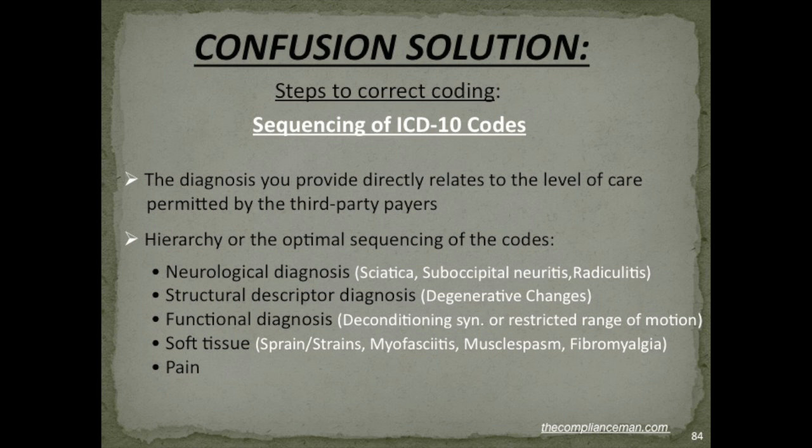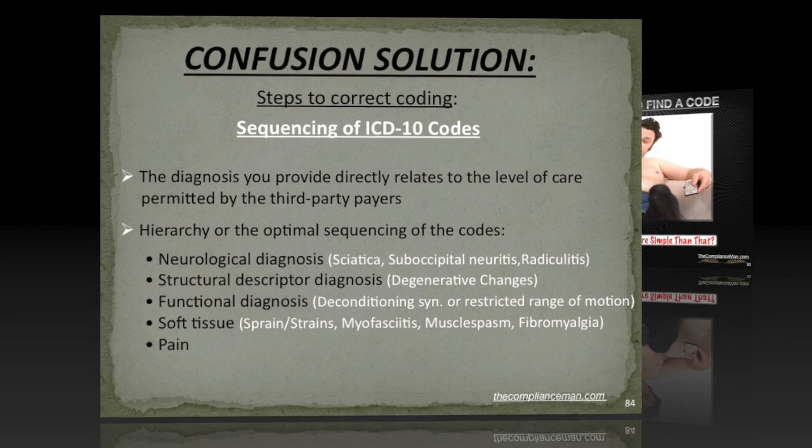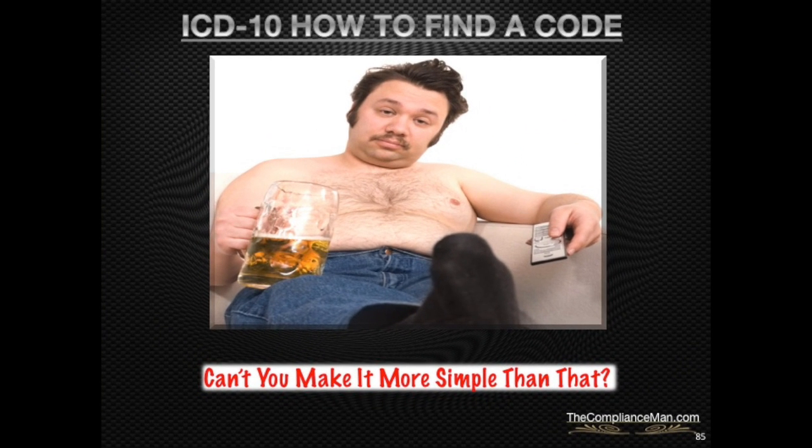Now that we have reviewed all the steps necessary to find the correct ICD-10 code that you will need to use, let me share with you a simple strategy that Compliance and Auditing Services has designed to help our members find the exact codes that they need.